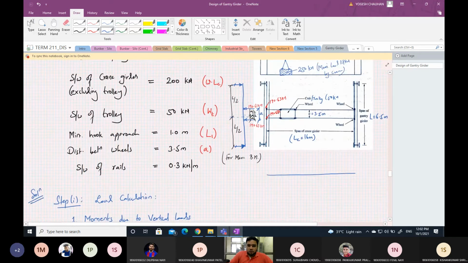Now there are 4 wheels, 1, 2, 3, 4. So the total surge force will be distributed equally among these 4 wheel loads.